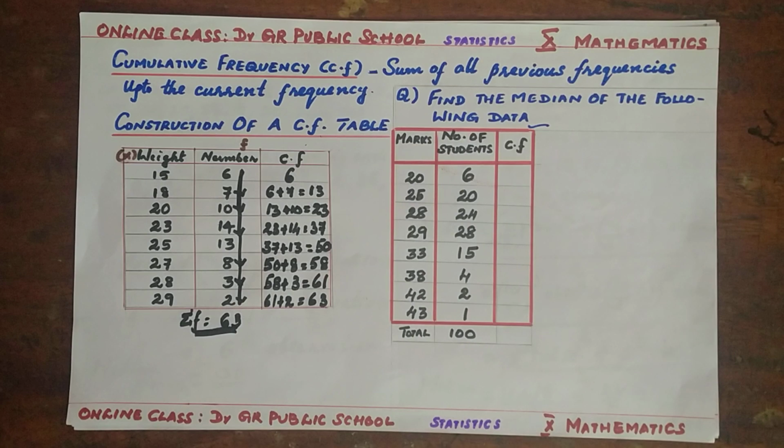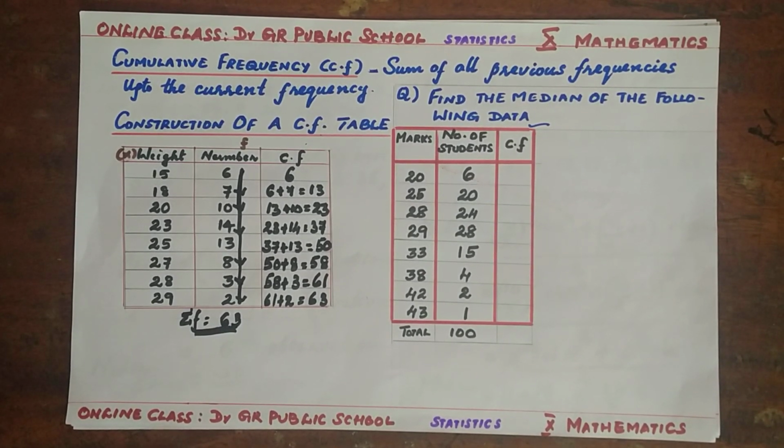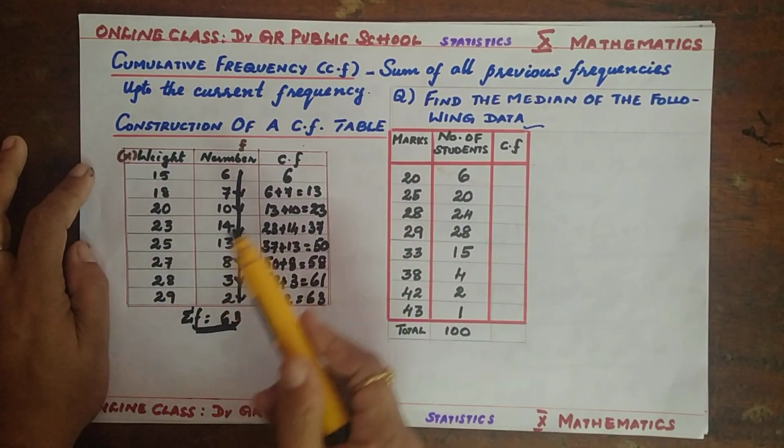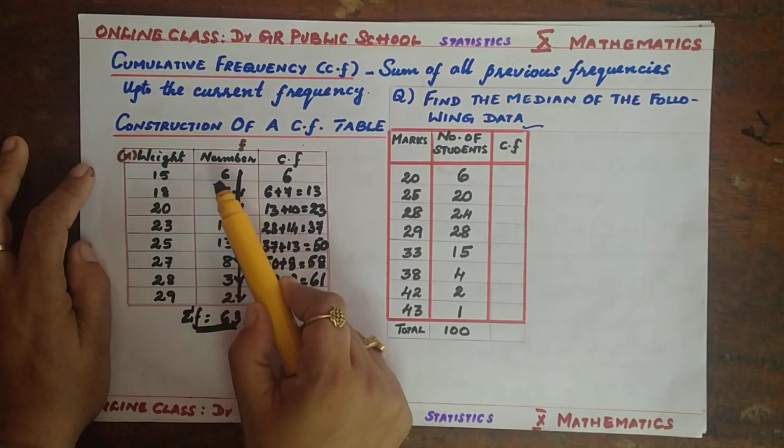Okay. So this is another method to find the cumulative frequency. But actually this question may not ask, for the board exam, how to find a cumulative frequency table, but you need to find the median based on this. Now listen to this table again. 15, 6 means that the weight 15 comes 6 times.